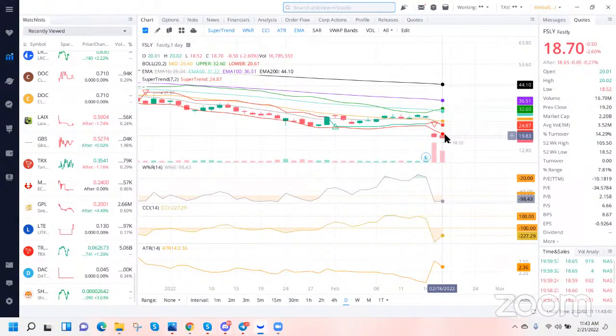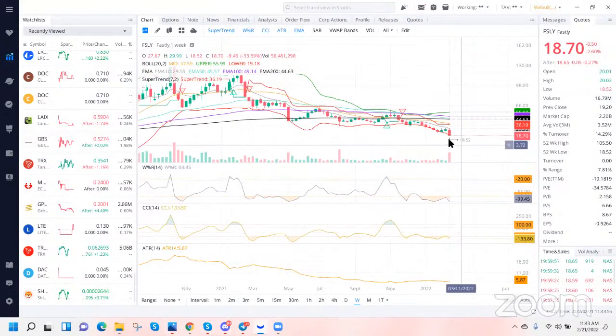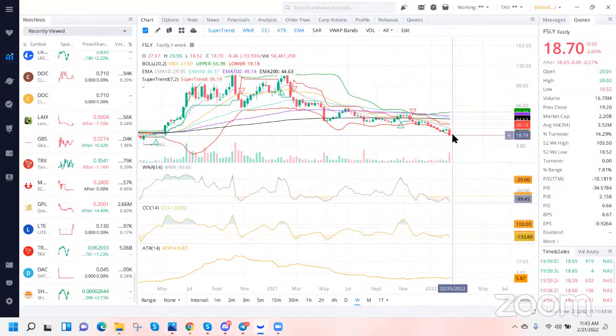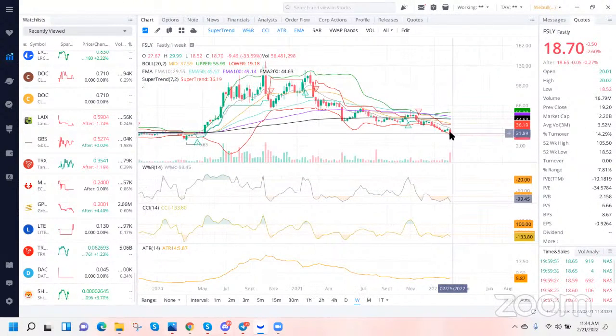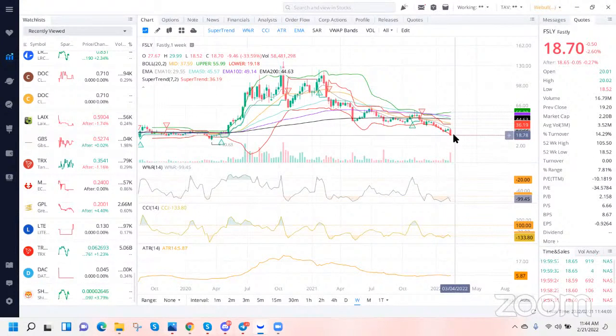In the last session, it tried to touch the lower Bollinger Band, but it has not touched and it gave a lower closing. With the market trend, even for FSLY, on the weekly chart it has already touched the lower Bollinger Band and is very close to this support level on the weekly chart.